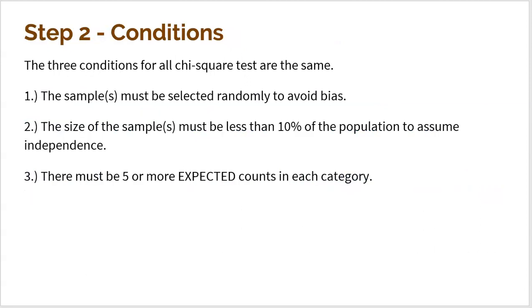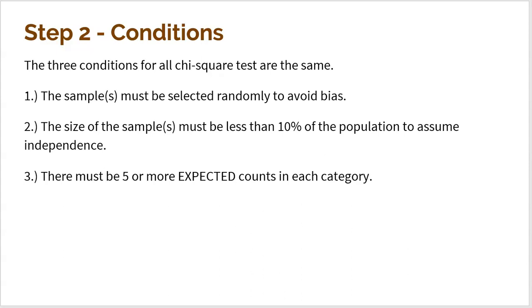Okay, let's run through the conditions. We've already seen these conditions before, if you remember back from the chi-squared goodness of fit test. But number one is that samples must be randomly selected to avoid bias. The size of the samples must be less than 10% of the populations to assume independence. And I put the S in parentheses there because if it's a test for homogeneity, there's again going to be multiple samples from the multiple populations.